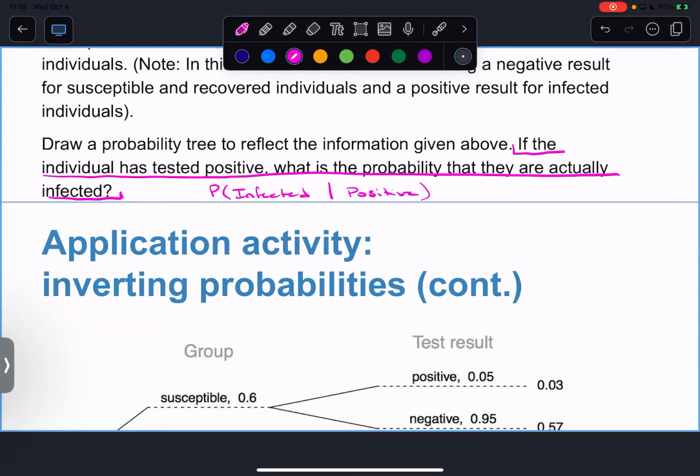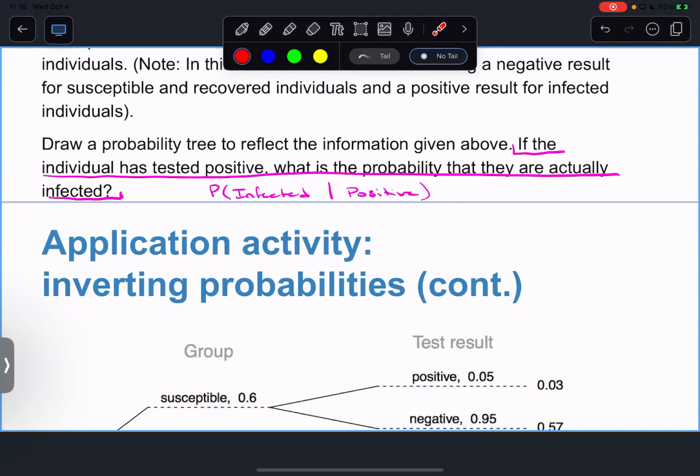That's not an easy formula to work with, right? So we translate it into the probability of A and B over the probability of B. Read it like this, and this over the probability of this, because it had to happen.